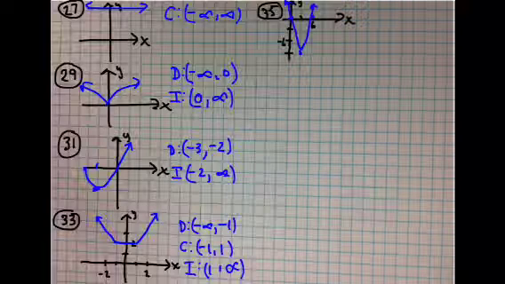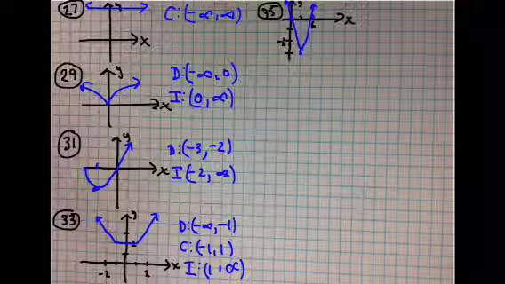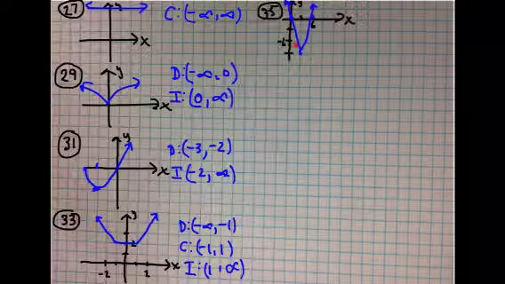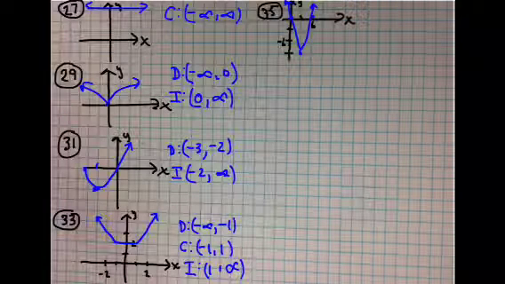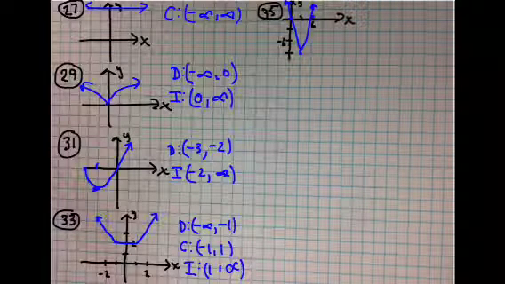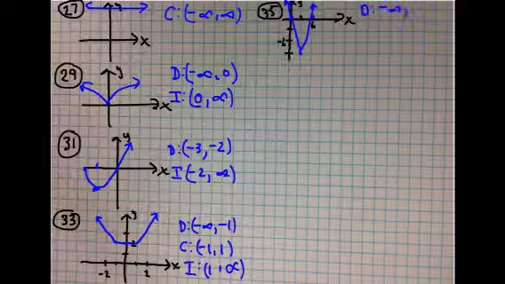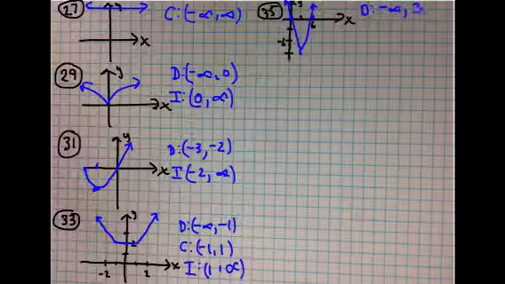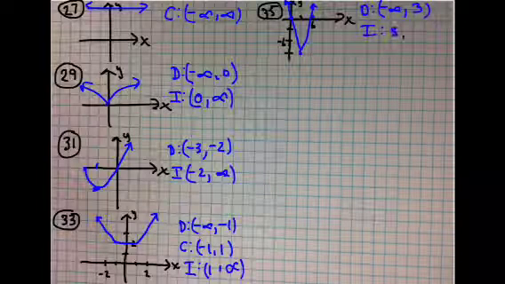So number 35, let's see, from here to here, it's decreasing, and then from 3, negative 9 on to the right, it's increasing. So we have decreasing from negative infinity to 3, and then increasing from 3 to infinity.